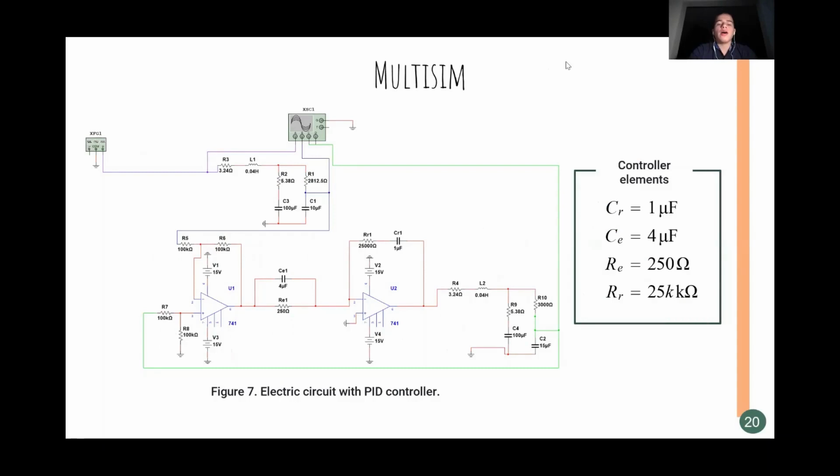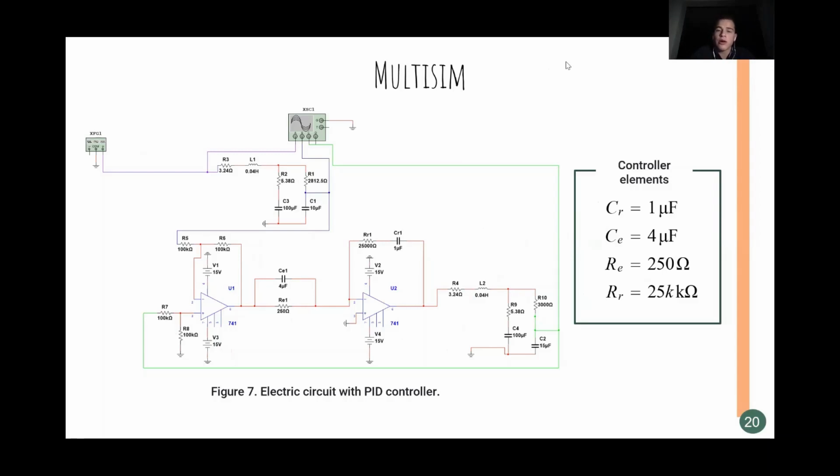Next, we have our Multisim circuit. This is the circuit that we chose to obtain the answer in our closed loop system. Now, we can see up on the left that we have our circuit for our healthy patient.